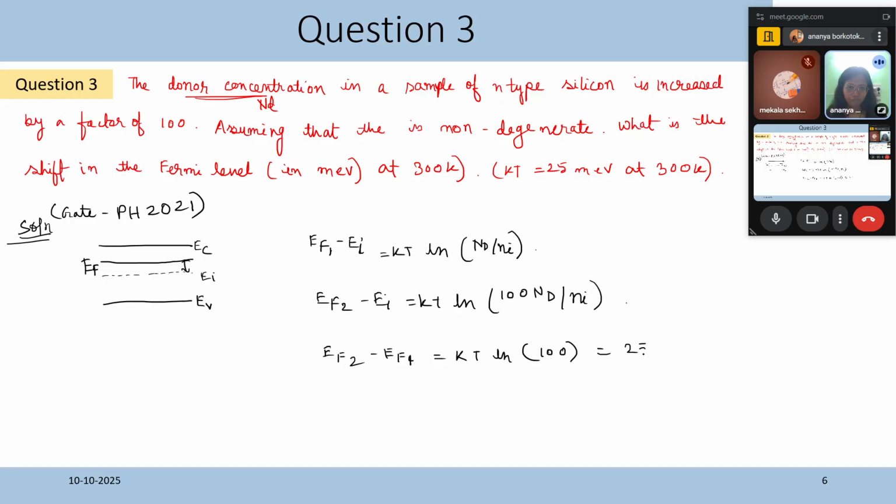This is 25 milli electron volt into ln of 100, which is 4.6, so 115.13 milli electron volt.